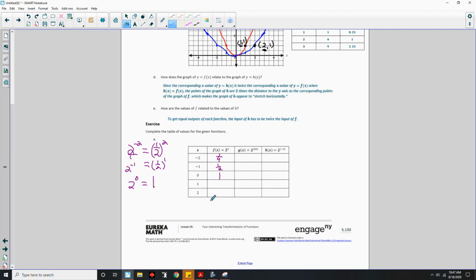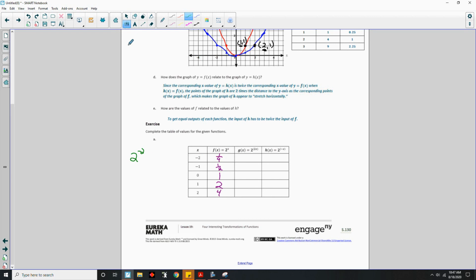Anything to the 0 power is 1. 2 to the 1 is 2, and then 2 squared is 4. Okay, so there's our first column. Let me get this out of the way, and then move on to g. Now it's 2 to the 2x, so we're going to take g of x equals 2 to the 2x. So that's going to be 2 to the power of -2.